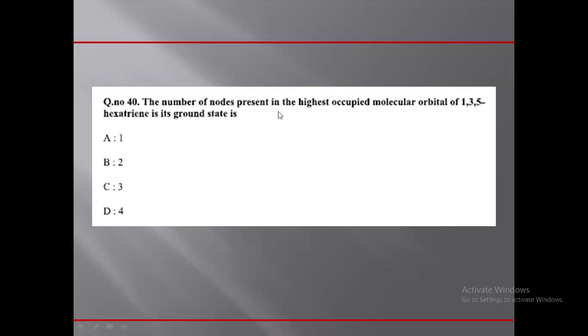In our question we have to find out the nodes of the highest occupied molecular orbital. So the first has 0 nodes, then 1, then 2. So 2 nodes are there in the HOMO of 1,3,5-hexatriene. For this question, I would like to suggest please read Jagdamba Singh, who explains the nodes concept very nicely.